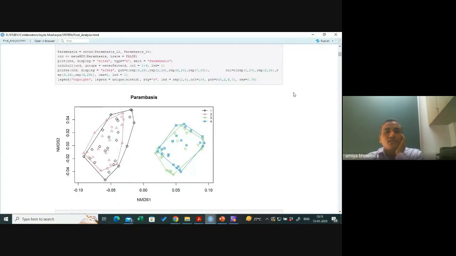This is what we did: we collected data on the physiological response of this particular fish for four different locations. Two locations are more contaminated, and two are less contaminated. The question is whether the fish in different locations are physiologically different or not.